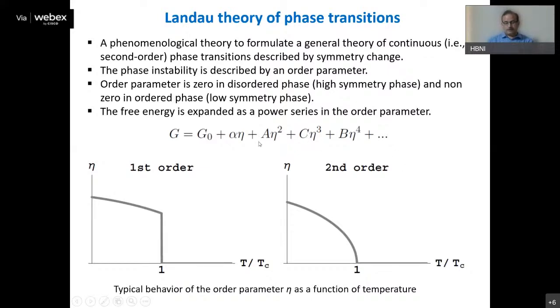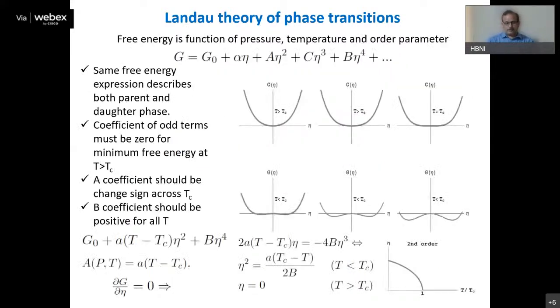For example, we cannot have these odd terms if the free energy is symmetric with respect to the order parameter. For example, in the initial phase where T is higher than Tc, you have this kind of free energy curve. So the minimum of this free energy is at order parameter equal to 0.